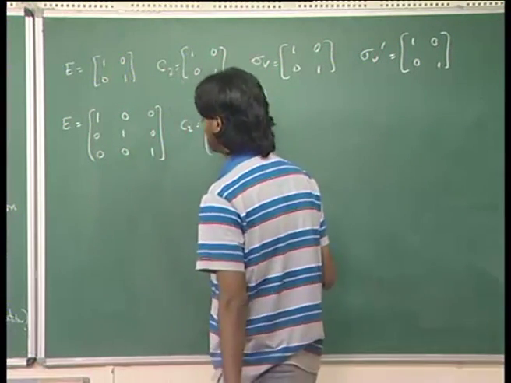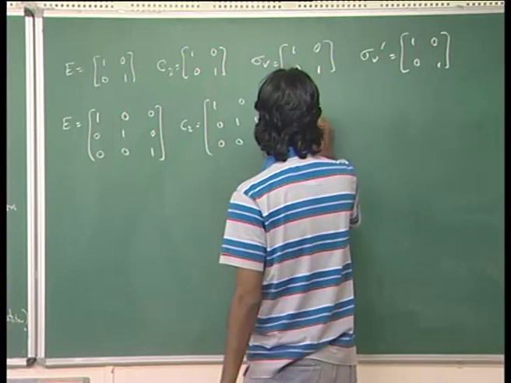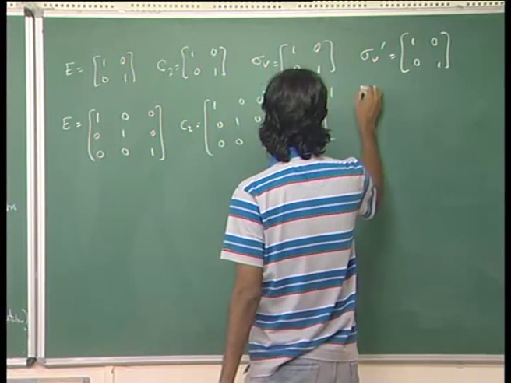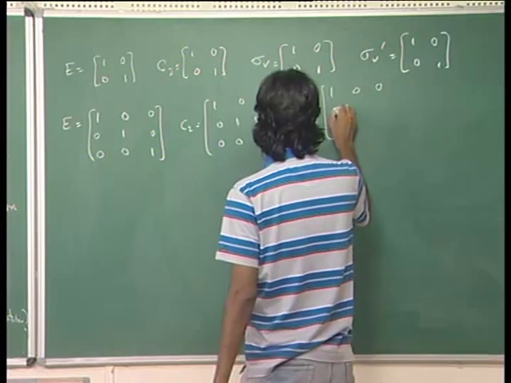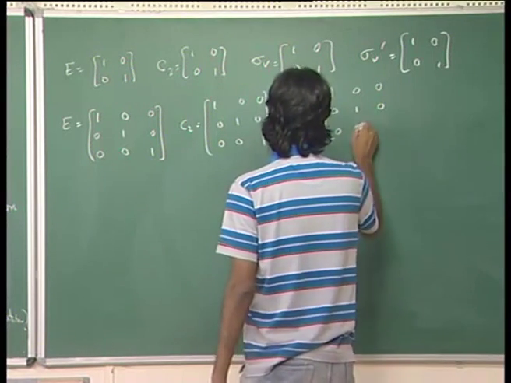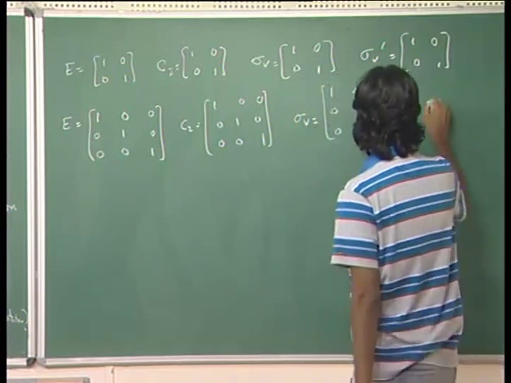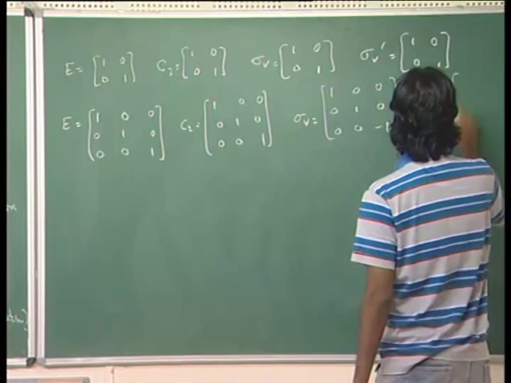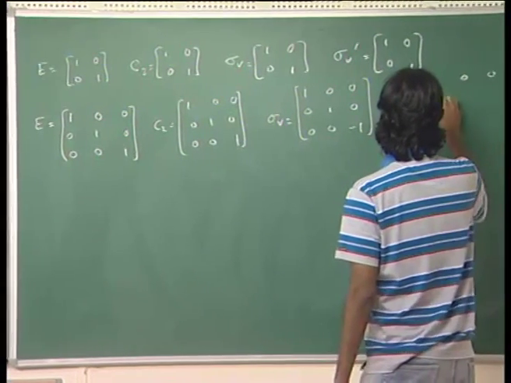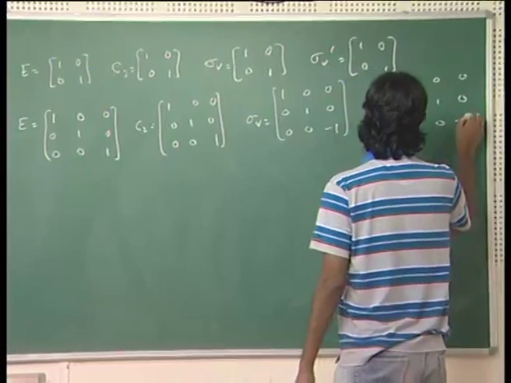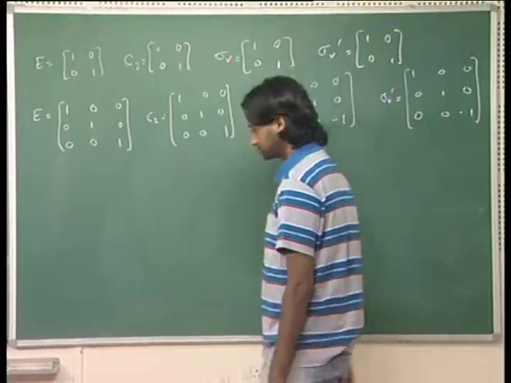For C2 prime I can take, or for sigma v I can take 1 0 0 0 1 0 0 0 minus 1, and sigma v prime I can take as the same. Okay.